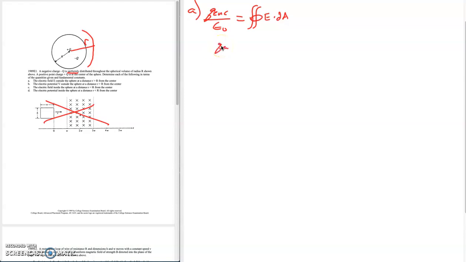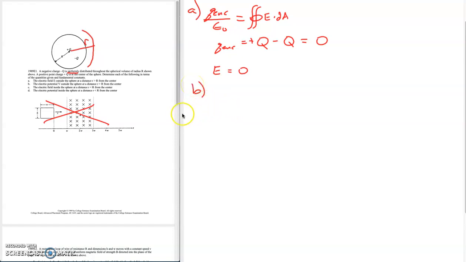And that means that the Q enclosed is going to be the plus Q at the center, and then we've now enclosed all of the minus Q from the volume there, and that will mean that the total enclosed charge is 0. And the result is that the electric field is also 0.